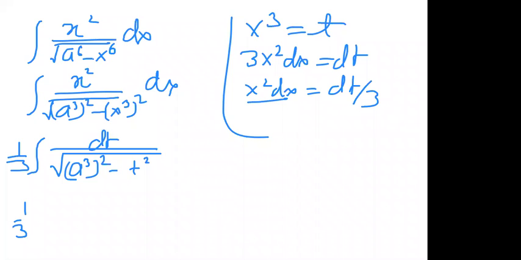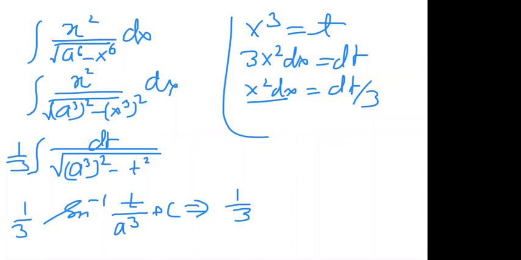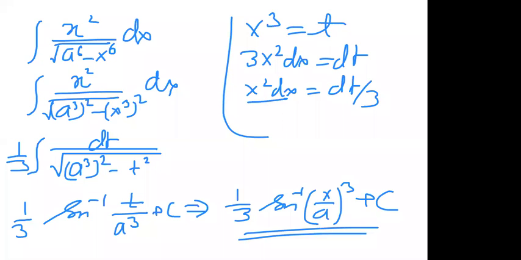It will become sine inverse x upon a. Now it will be t upon a, a is a cube, plus c. This implies the value of t we need to put. So it will become 1 upon 3 sine inverse, t is x cube, so x upon a to whole cube also I can write, plus c will be the answer.